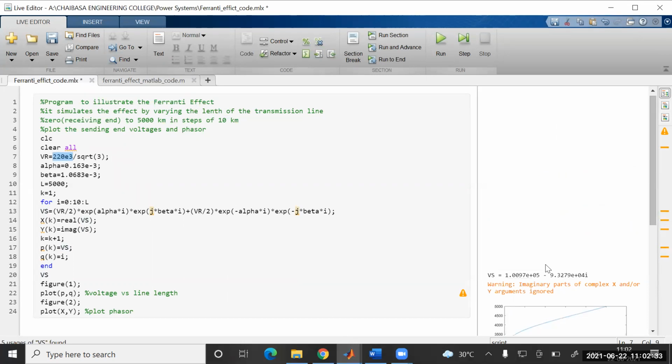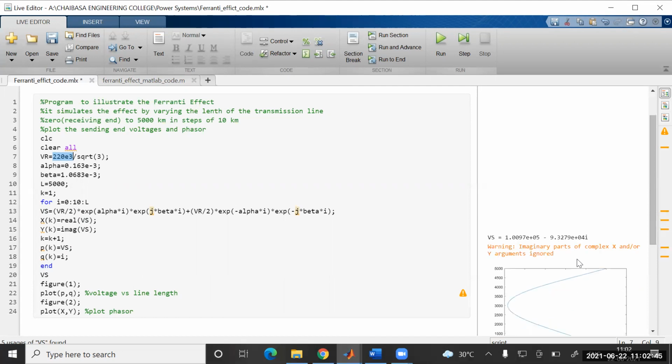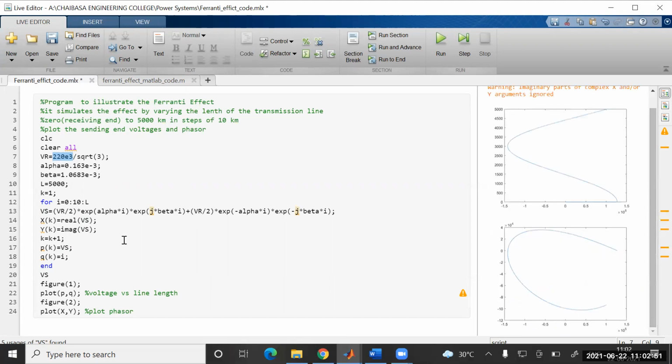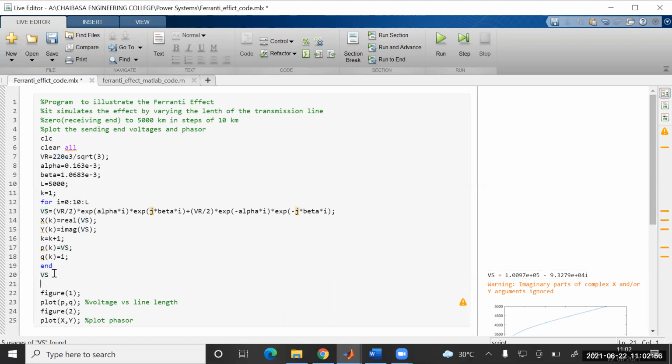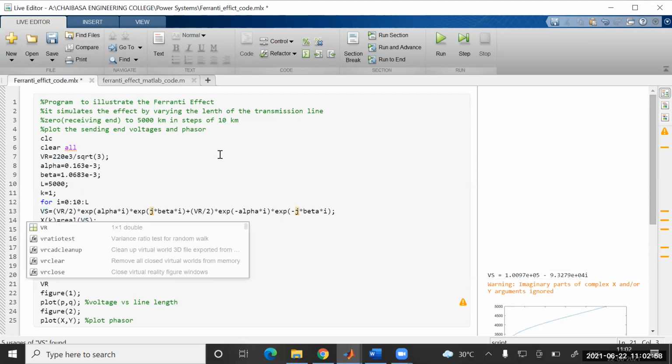This is the difference because the line length is 5000 and it is a condition in the open segment, this is the short circuit, and this is the open part. When this is open, this is why it is happening. Sending end voltage is this and receiving end voltage is this. We'll also write the VR value, that is your VR.